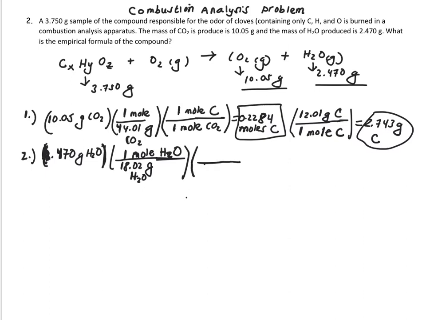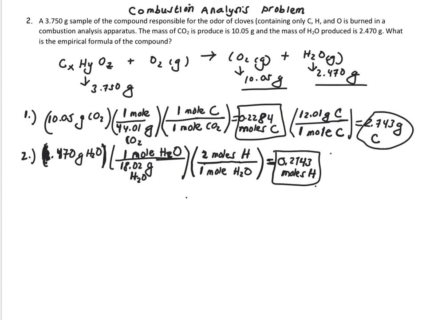And now, according to the chemical formula of water, 1 mole of water contains 2 moles of hydrogen. If we multiply that on our calculator, that ends up with 0.2743 moles of hydrogen.